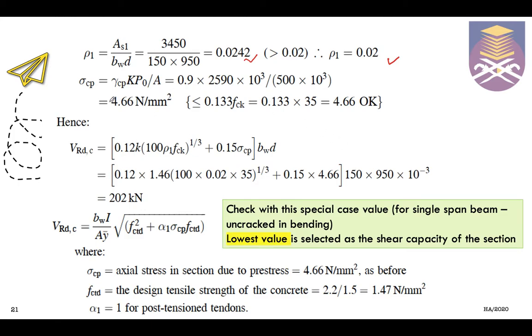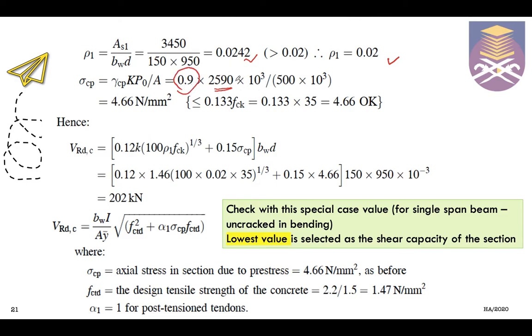Then we are going to calculate also the sigma cp. In the question, we have already been given the pre-stress force value after losses, which is 2,590. Then multiply this with the partial factor of safety for the pre-stress force, which is 0.9.